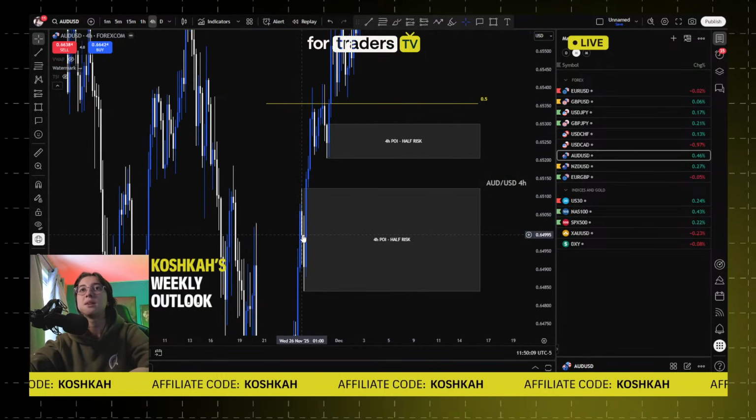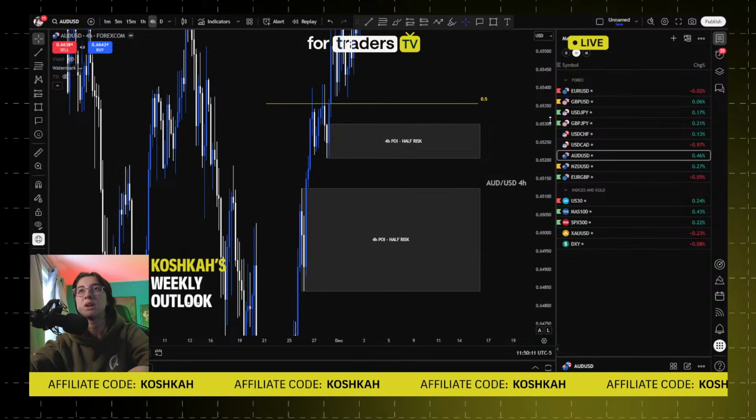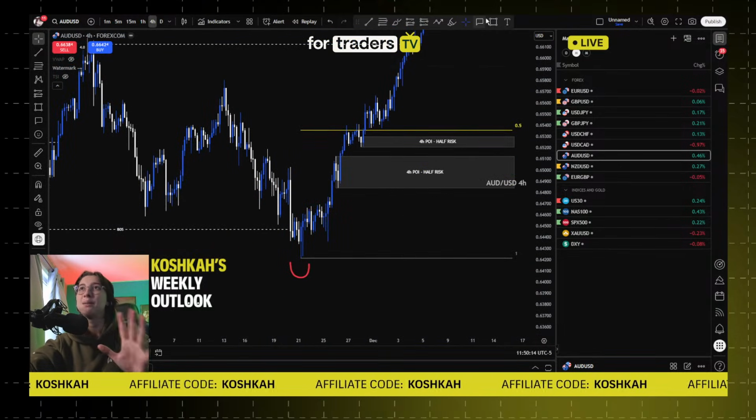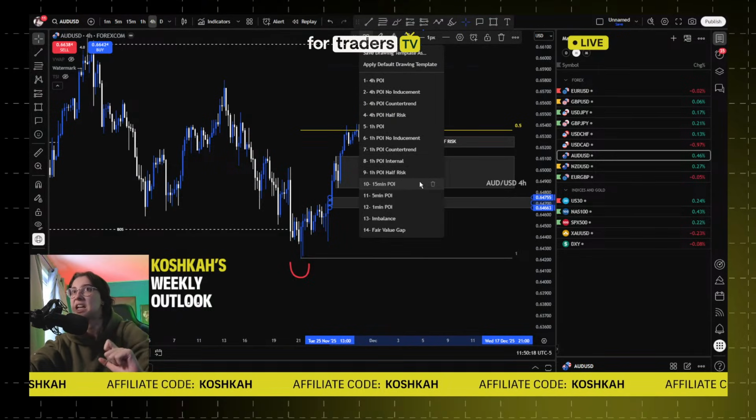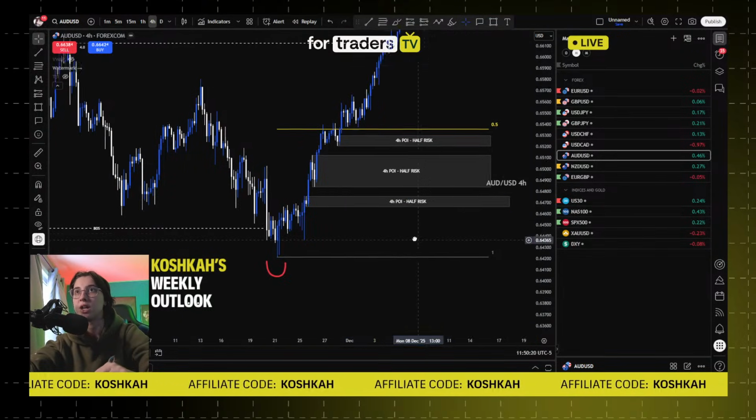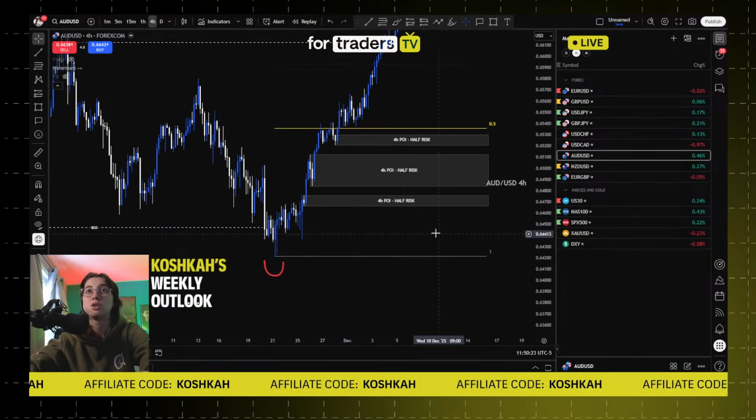Of course, when it happens, we're gonna change the momentum and change the POIs, but for now it makes sense, but it's a bit too early to say yes, it's gonna be a buy 100%, right? So it's better to just use half risk.